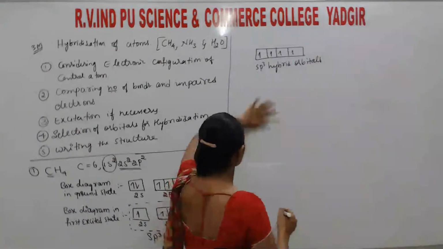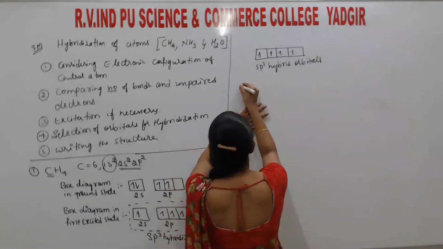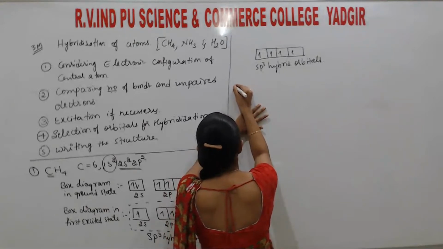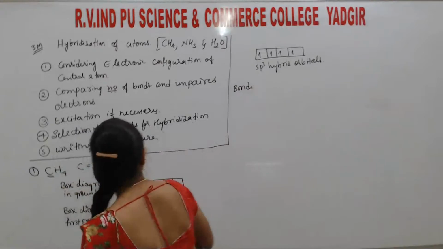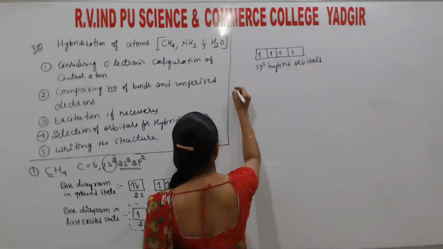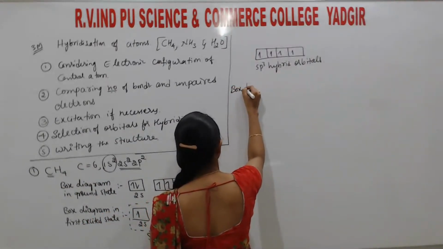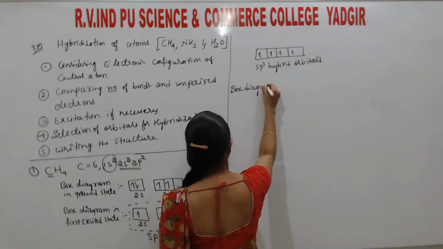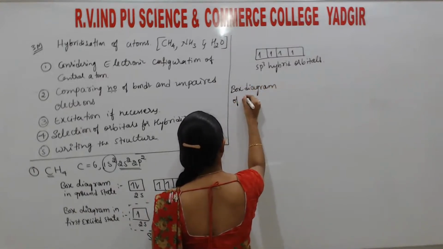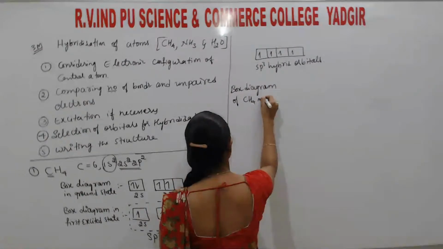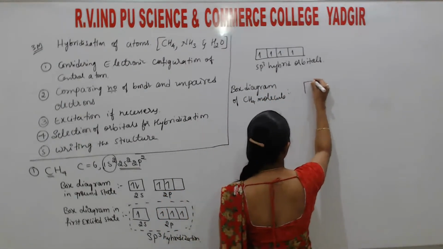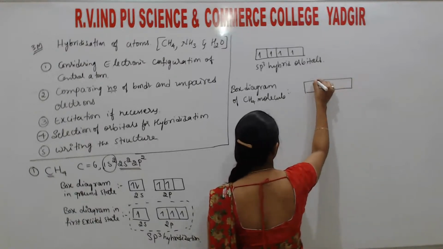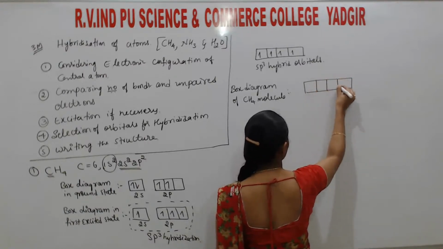So the next is the orbital diagram of the CH4 molecule. So we consider the 4 hybrid orbitals, 1, 2, 3, 4.